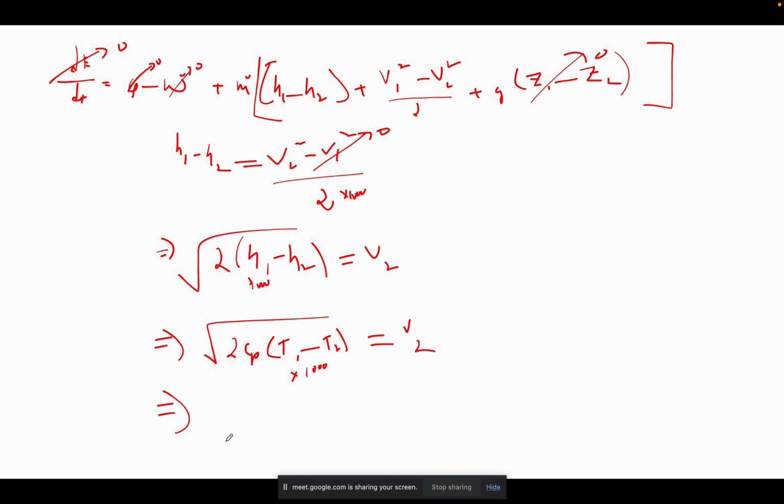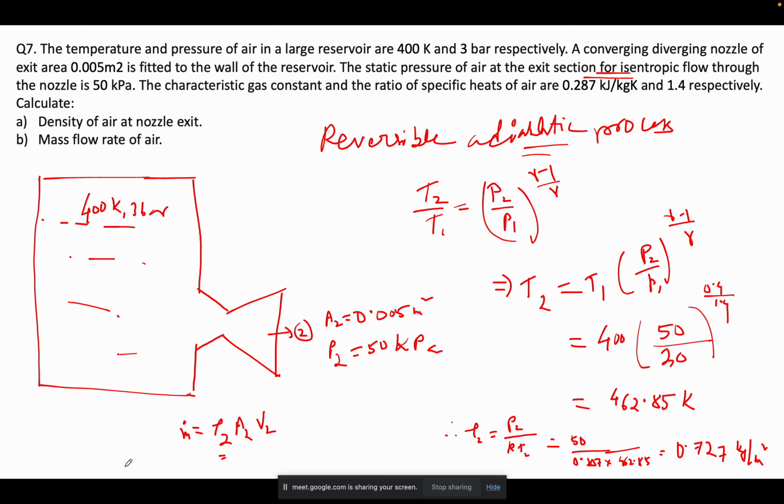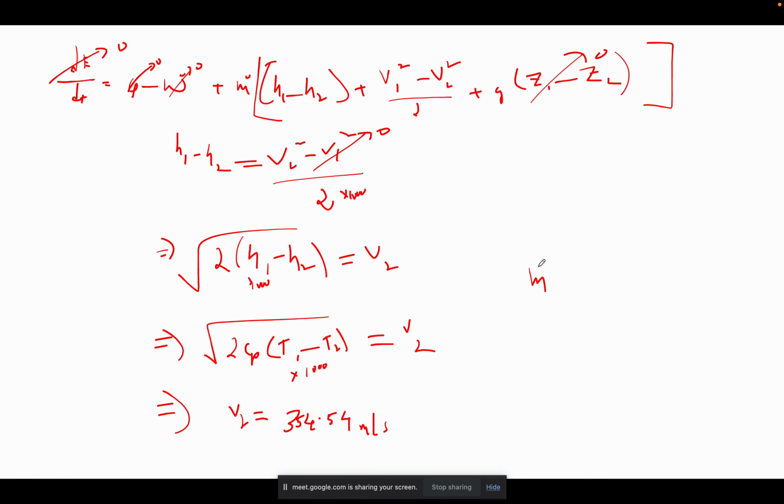Okay, so V2 is your 354.54 meters per second. Now from here you just put it here, m dot is equal to rho 2 A2 V2.